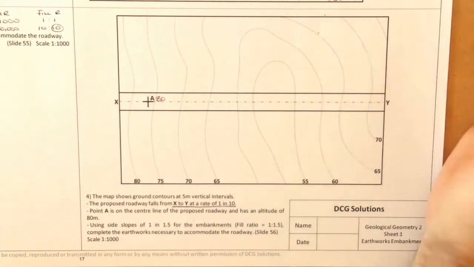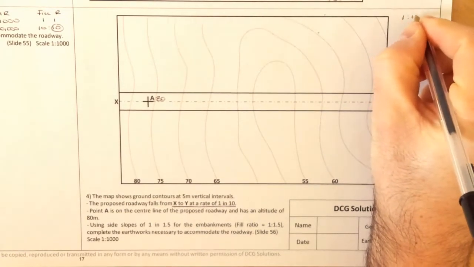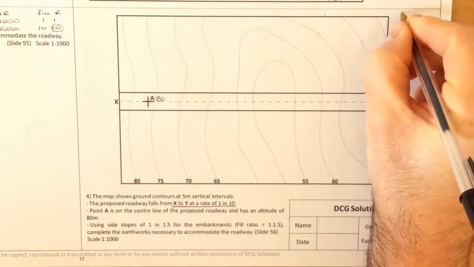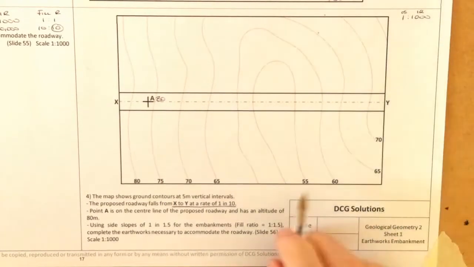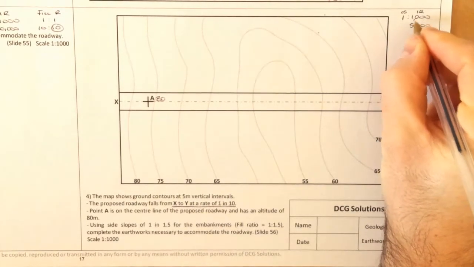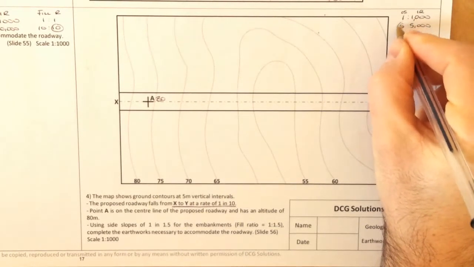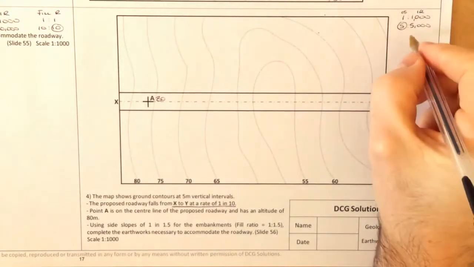So as always, we'll apply the scale. Our scale is 1:1000. So we know this, 1 millimetre on my sheet equates to 1000 millimetres in reality. So I have to work up to 5 metres difference, so I multiply this by 5,000, so multiply on my sheet. So 5 is the number I'm going to work with, and I'm going to apply that to my fill ratio.